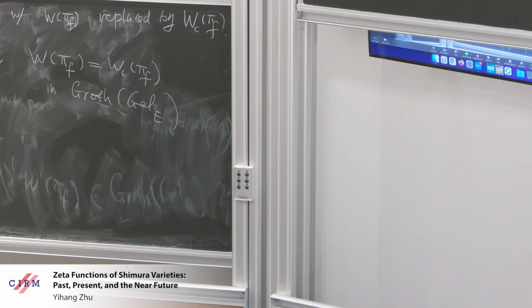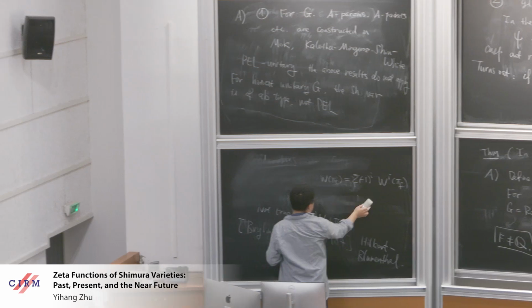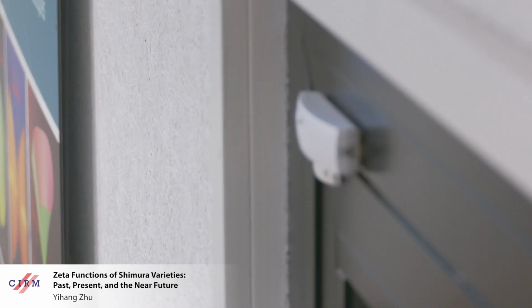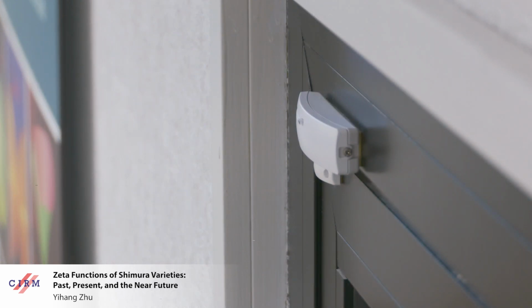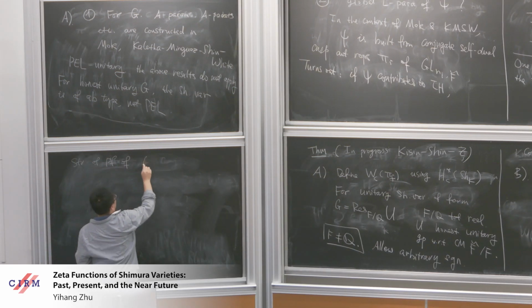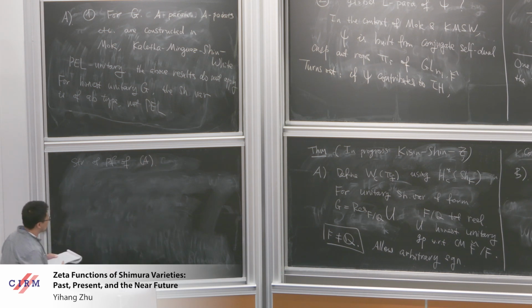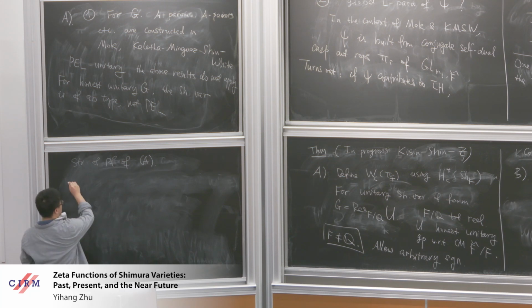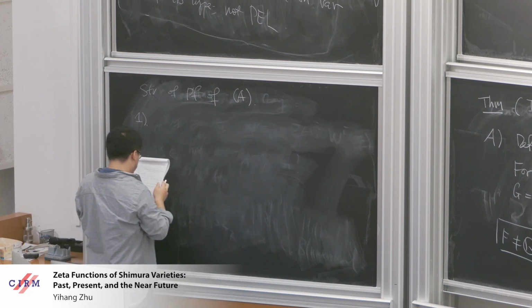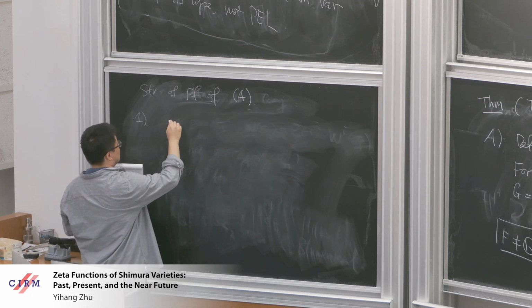Okay, and so now I have 6 or 7 minutes left. I'm going to tell you a little bit about the structure of the proof of part A only. Okay, so the first step is you want to essentially just count points mod p.